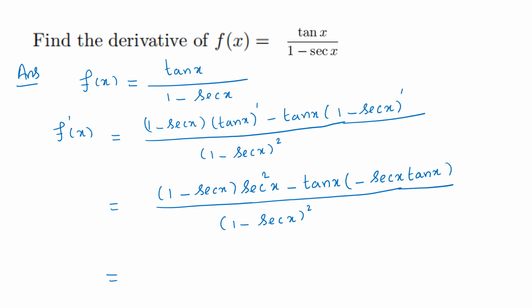So equal to same denominator 1 minus sec x square. Numerator, just to simplify, 1 multiplied by sec square x. It is sec square x.